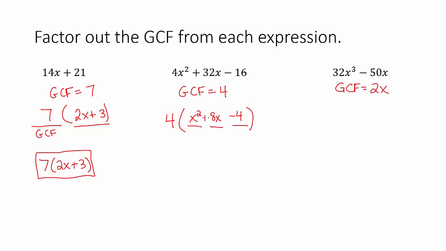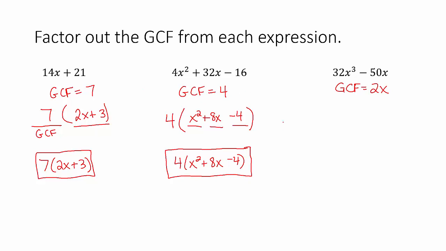Don't forget to go back and put that plus sign in there. Sometimes we forget about that. And same thing here. Don't forget that that was a -16. That's why we got -4. So my final answer is 4 times the quantity x squared plus 8x minus 4.